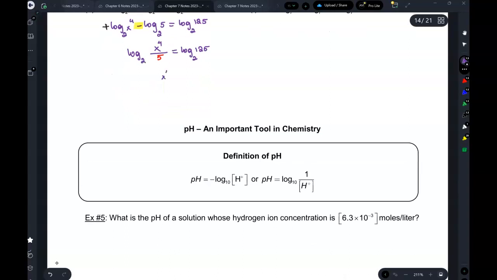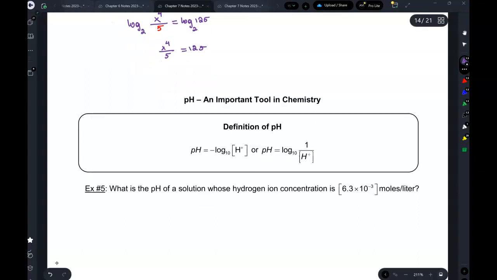So I have x to the power of 4 over 5 is 125. And let's simplify. x to the power of 4 is 625. Fourth root. So x is equal to 5.